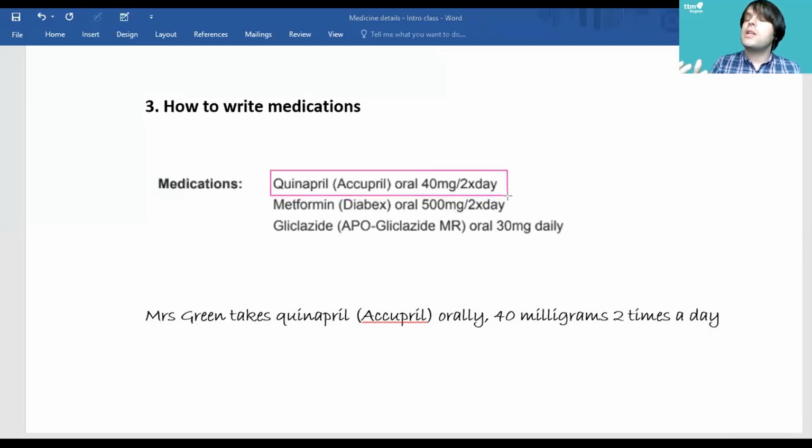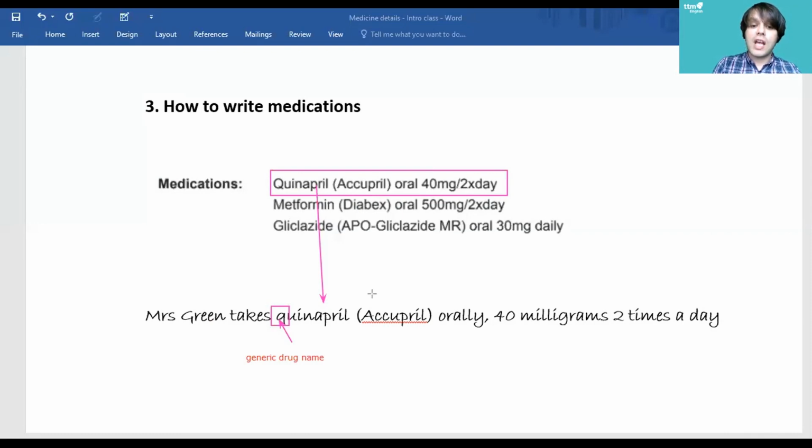Okay, so I'm going to teach you guys a way to do this, but there's more than one way. So obviously this is the quinapril here. Do I need a capital? No, I don't, because this is the generic drug name, I'm assuming. I'm not a medical professional, so is that right? Yeah, that's right.